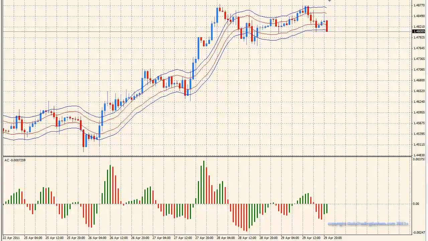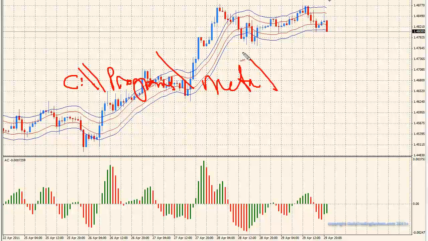Once you've applied the template, and if you don't know how to apply the template to your chart, all you would need to do is go to the programs folder on your PC where you installed it, then go to the MetaTrader folder, whatever the name is, and inside there you'll see the templates folder.